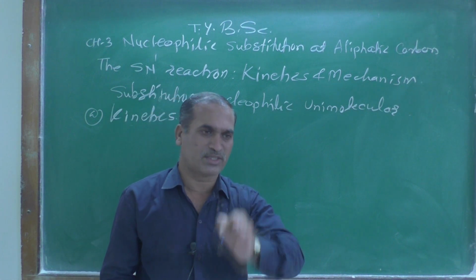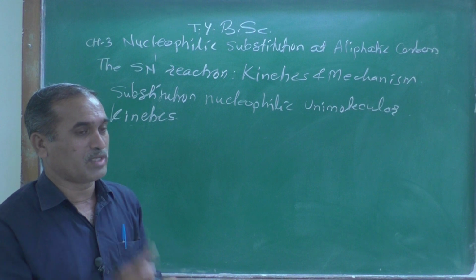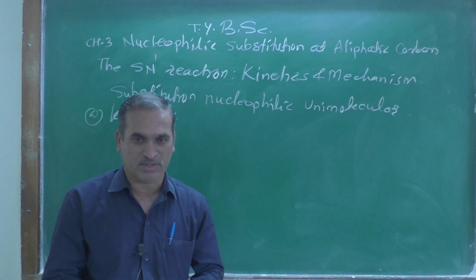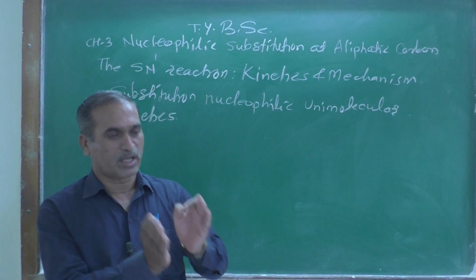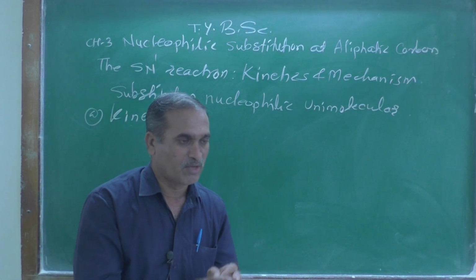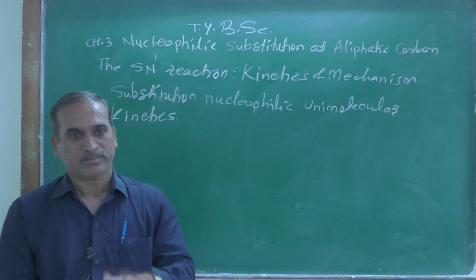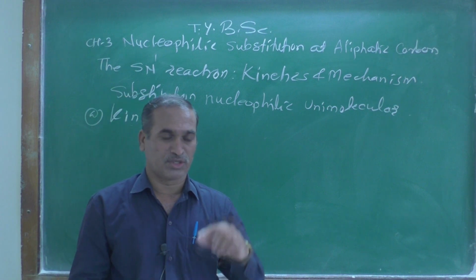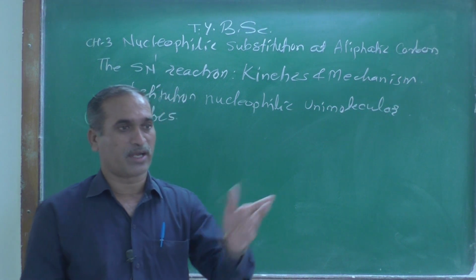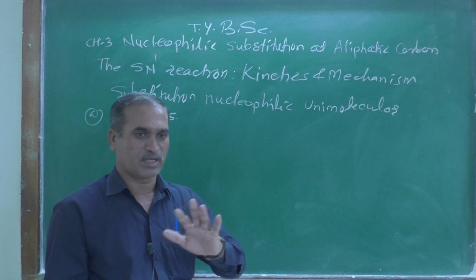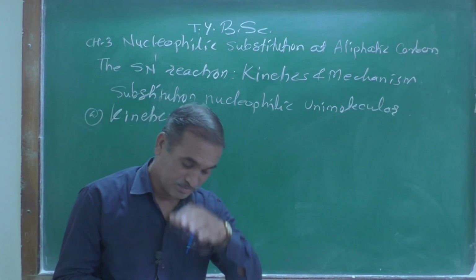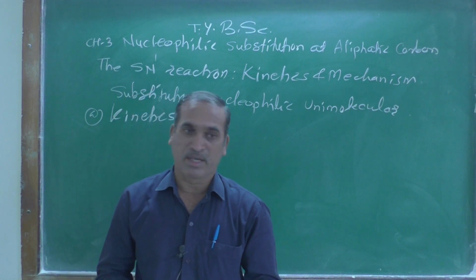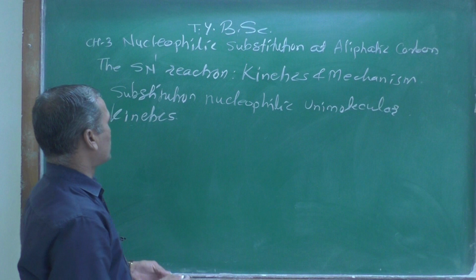Kinetics means we are measuring the rate of reaction, how much time is required for completion of the formation of the product. There are different reaction conditions which will affect the rate of that chemical reaction. You can study that in chemical kinetics in physical chemistry.